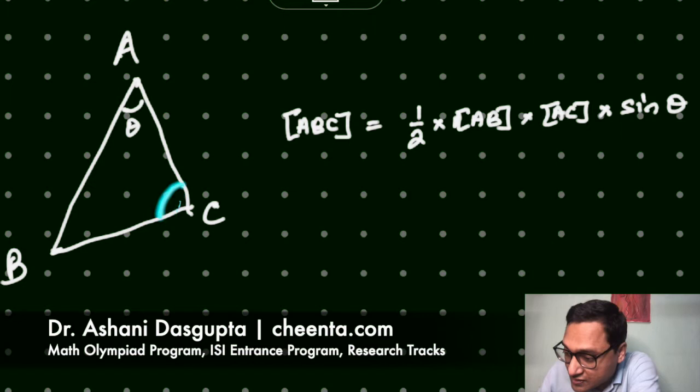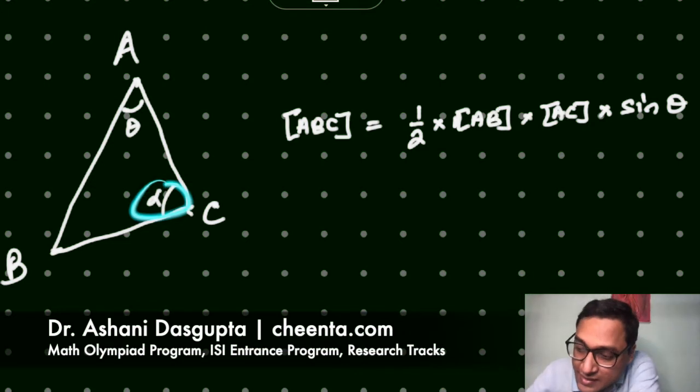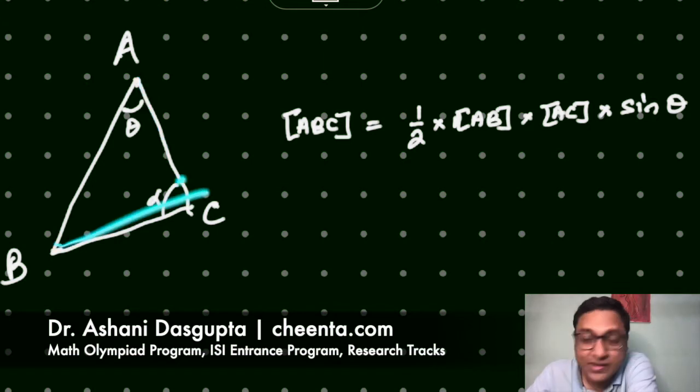If you want to use this angle, let's say this is alpha, then your formula would change. It would become half times AC times BC times sine of alpha.